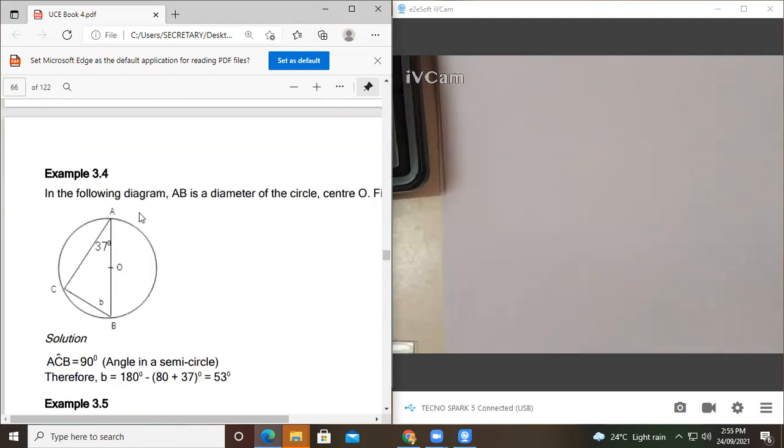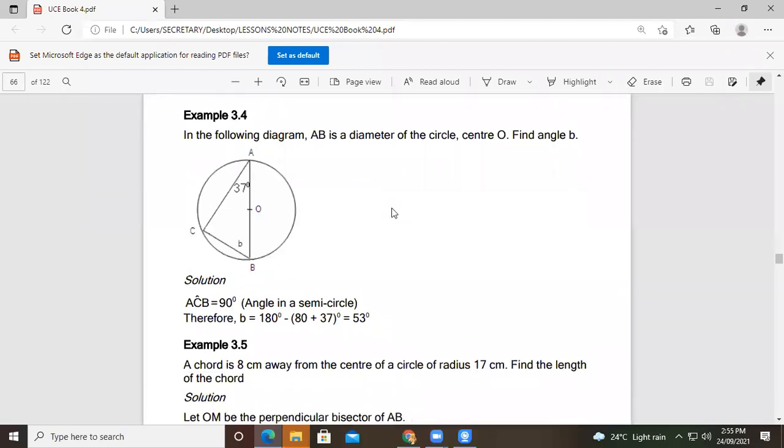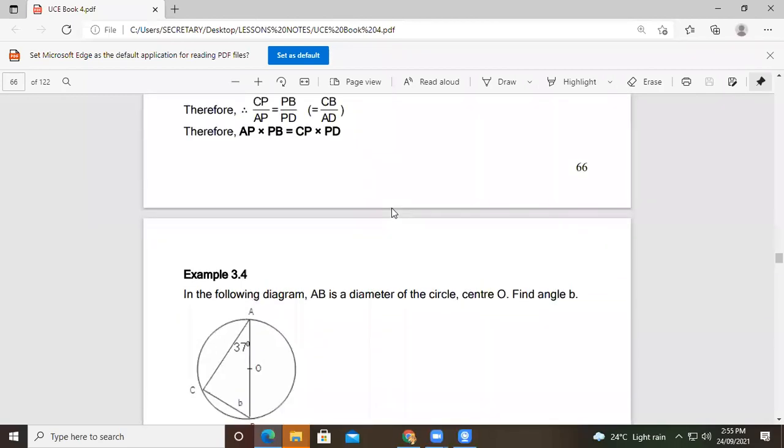Starting with example 3.4, we are going to apply all the properties. So have that question copied, members. Have Example 3.4 copied.